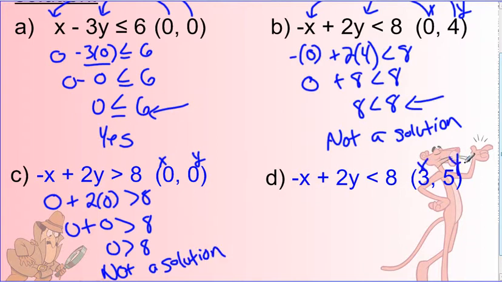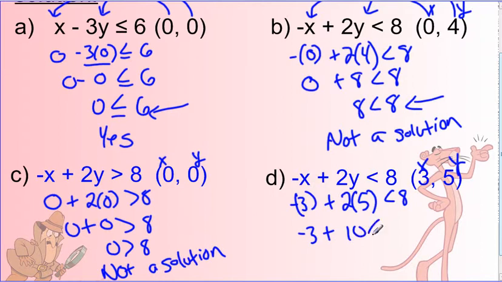Letter D, x is 3, so we get the negative 3, plus 2 times 5, and we want that to be less than 8. So negative 3 plus 10 is 7. Is 7 less than 8? Yes, 7 is less than 8, so this is a solution. That point worked for that inequality.